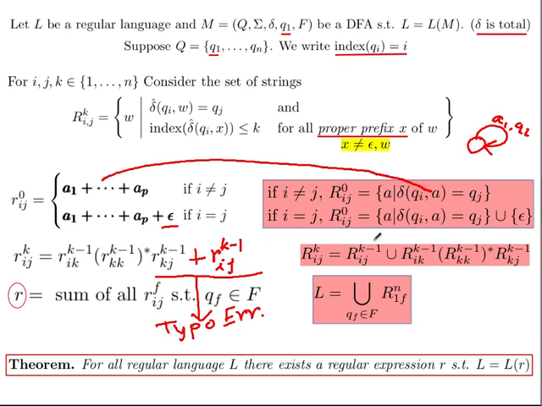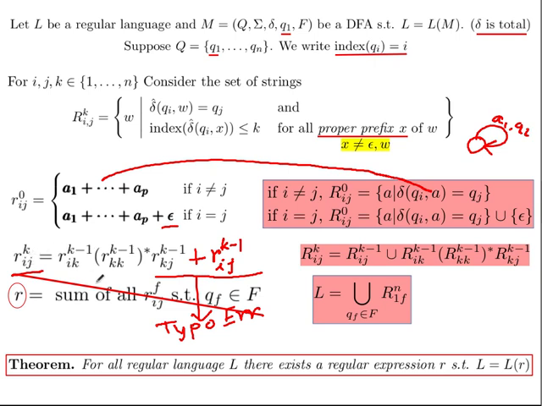So these we can capture with a regular expression in terms of the regular expression we already constructed for k minus 1. If you can construct the regular expression for k minus 1, then we can construct the regular expression for k.